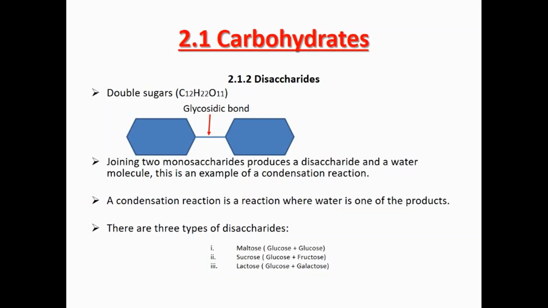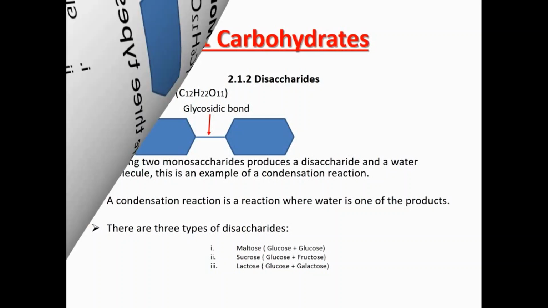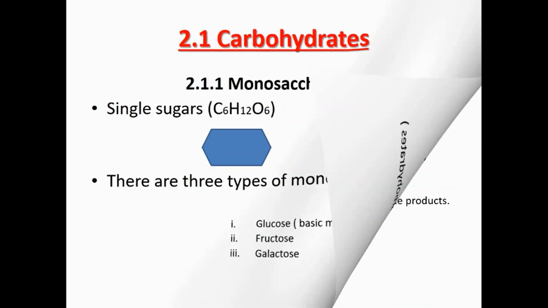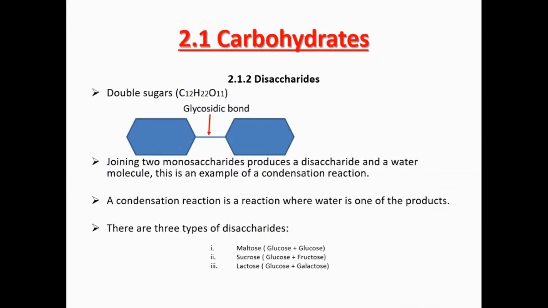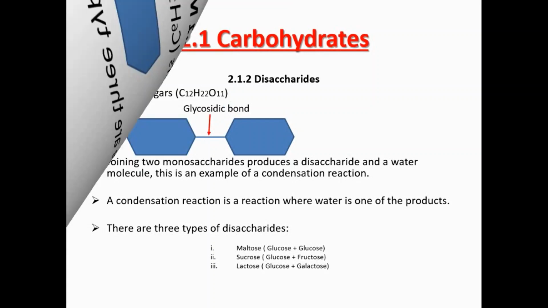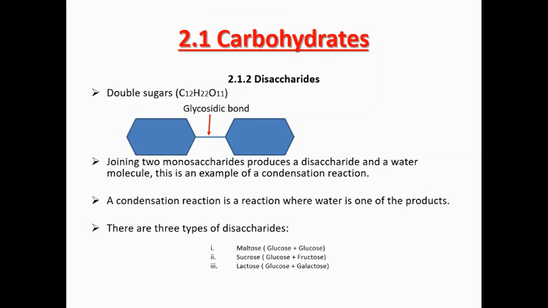And sucrose is glucose and fructose, the second monosaccharide. When glucose is joined with glucose, you get maltose. When glucose is joined with fructose, you get sucrose. And when glucose is joined with galactose, you get lactose. So there is glucose, and then one of the other 2 monosaccharides, and then you get a disaccharide.